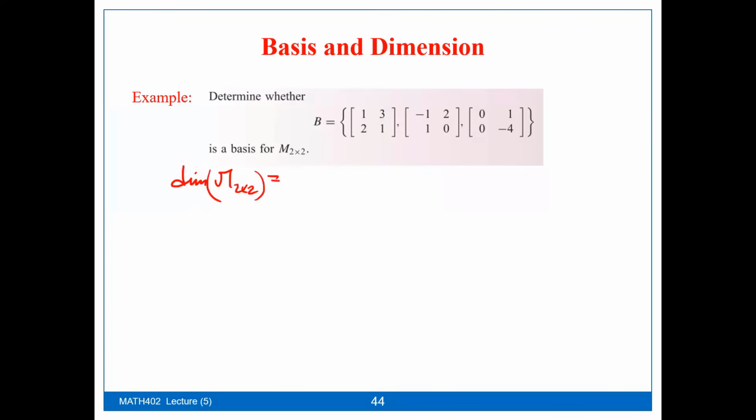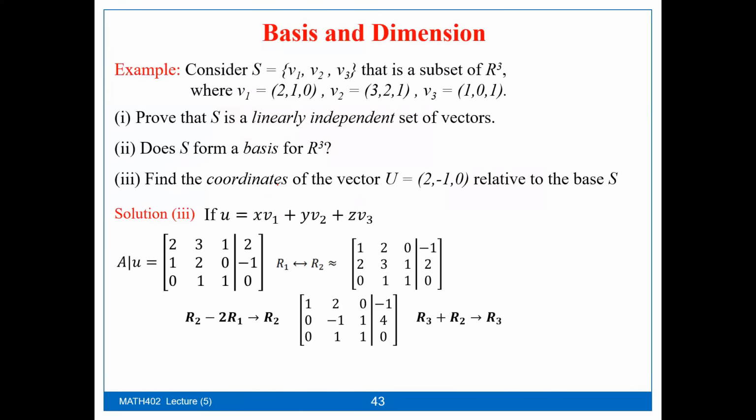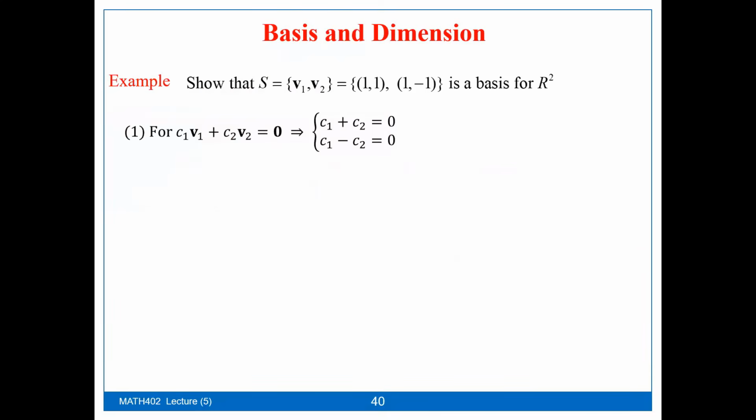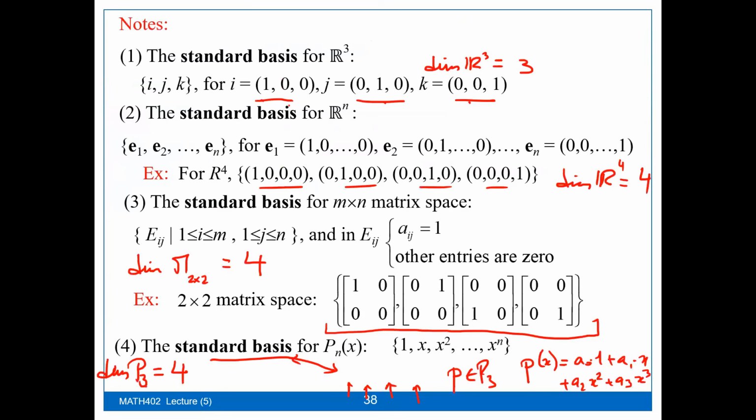We said 4. We saw it in the previous slides. So this is dimension 4. We already saw a base of M22. This was a base of the M2 by 2 matrix space. This base has 4 vectors, so the dimension is 4.